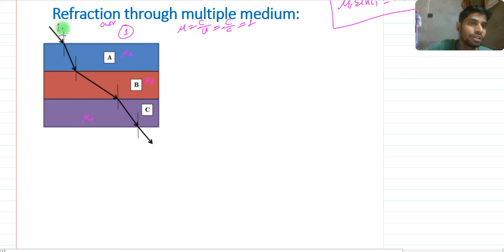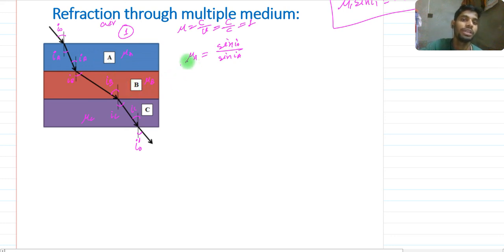So suppose this one is i0, and this one, in the A medium, is iA. This one will also be iA, this one will be iB, this one also iB, and this one suppose iC, this one also iC for the C medium. Suppose this angle is i0 dashed, I am taking. Now for the air and A medium, you can write μA equals sin i0 by sin iA.